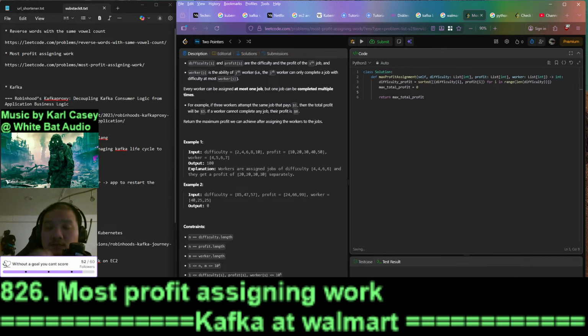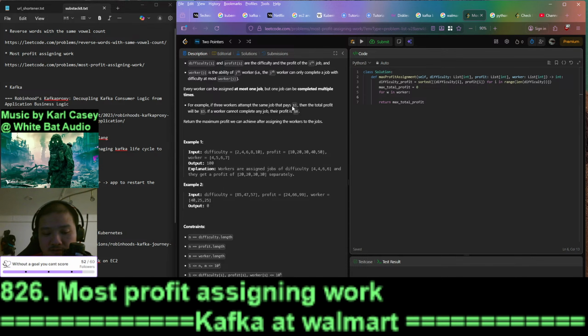So for w in worker, we have to find this value in the difficulty, and then we have to find the index.